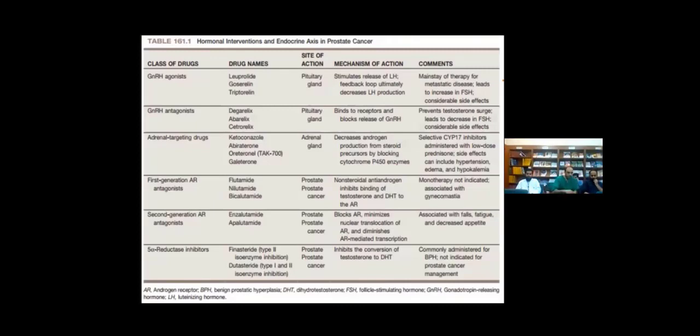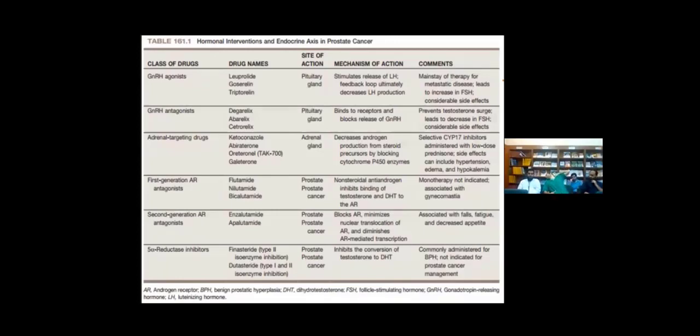The androgen receptor antagonists come in first generation and second generation. First generation includes flutamide, nilutamide, and bicalutamide. Second generation includes enzalutamide and apalutamide. Both act on the prostate cancer cells. First generation are non-steroidal anti-androgens. They inhibit the binding of testosterone and dihydrotestosterone to the androgen receptors.